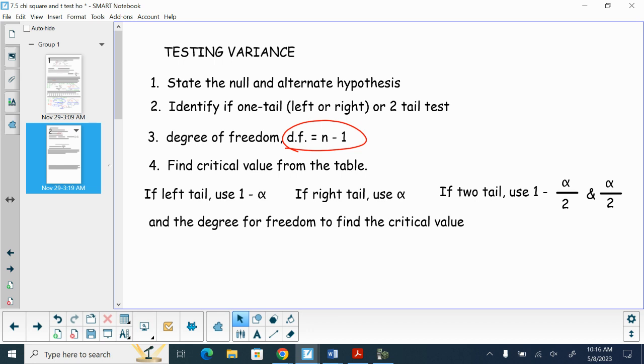Now, what I will allow you to do on your chi-square table is write down: left tail, use 1 minus alpha. Right tail, use alpha. And two tail test, use alpha divided by 2 and 1 minus alpha divided by 2. So you can write that down on your chi-square table.